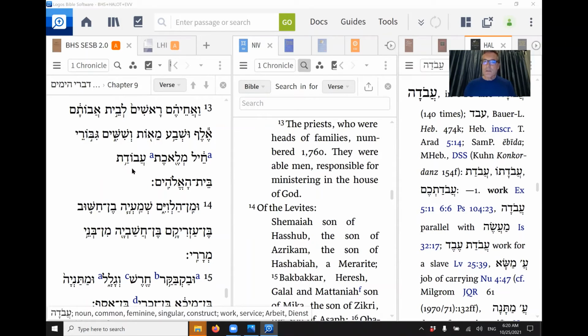And there it is in construct form again, avodat beit ha-Elohim, the service of or work of the house of God, which is the temple. And there's a new layer of meaning in avodah here in this post-exilic text, because it's talking about priestly activities like sacrifices and so on. So we have seen in the 1,000 years of production of the Old Testament, across that vast span of time, the meaning of words, some words, has shifted.